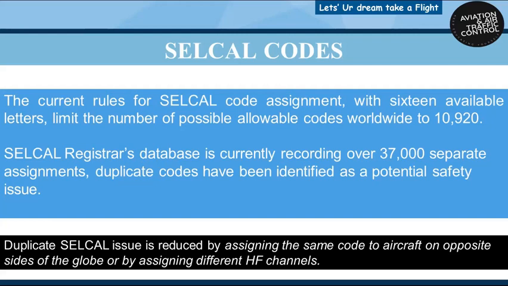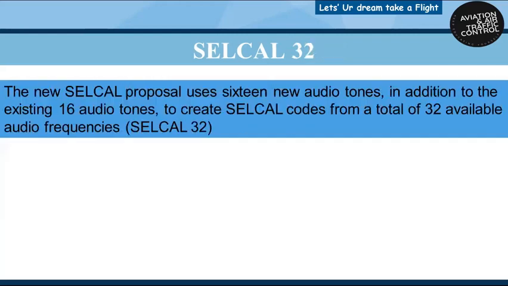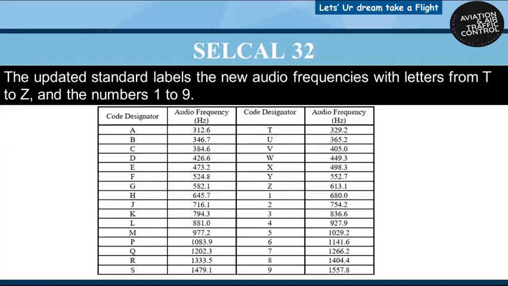The duplicate Selcal issue is reduced by assigning the same code to aircraft on opposite sides of the globe or by assigning different HF channels. Selcal 32 is the new Selcal proposal, which uses 16 new audio tones in addition to the existing 16 audio tones to create Selcal codes for a total of 32 available audio frequencies.